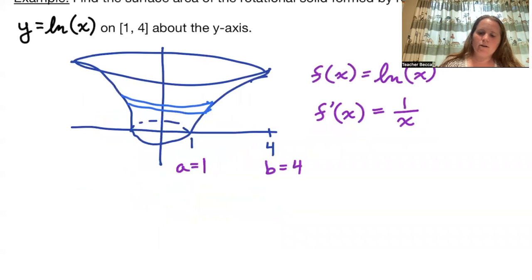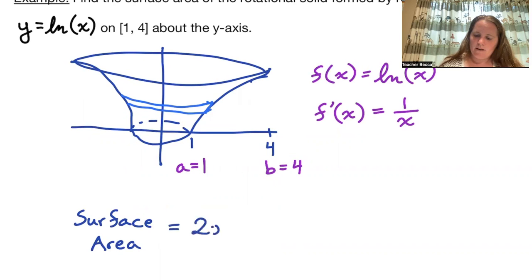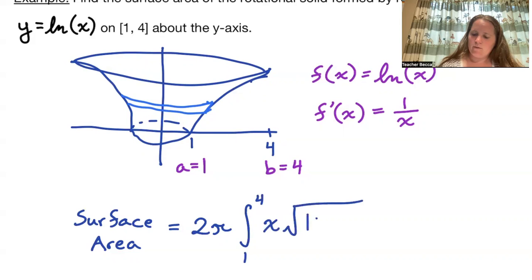So we have that our surface area is equal to 2 pi times the definite integral from 1 to 4 of x times the square root of 1 plus f prime of x squared dx.